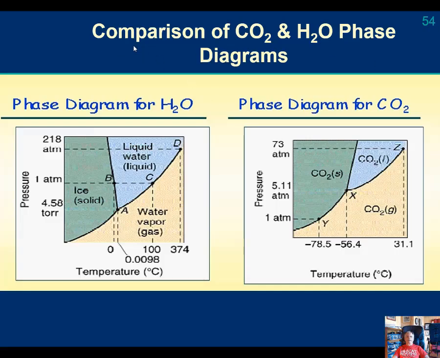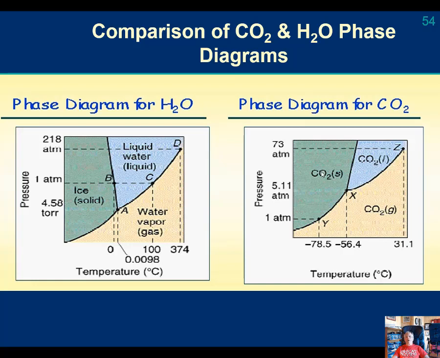Let's take a look at a comparison of CO2 and water phase diagrams. They have the same general features, solid in green. Here the blue is the liquid in both cases, and then the tan color represents the gas phase. And they have the same features. You have the critical point, you have the triple point in both diagrams.